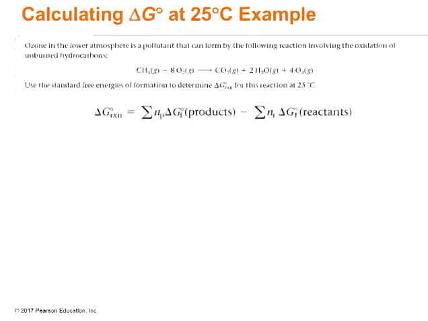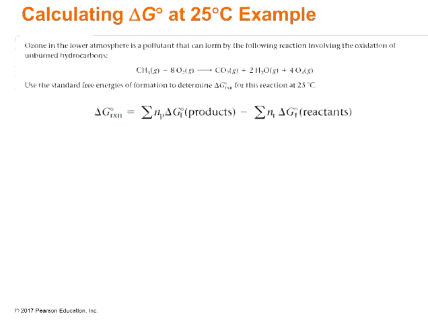Okay, so let's use that second equation we saw on the first slide to solve the following problem. And we're also going to use the free energies of formation from that table. So ozone in the lower atmosphere is a pollutant that can form by the following reaction involving the oxidation of unburned hydrocarbons.